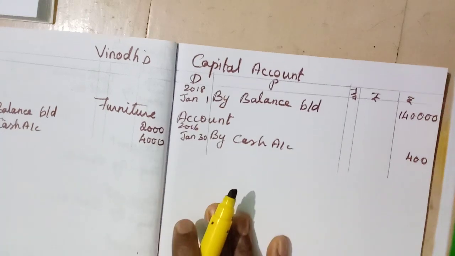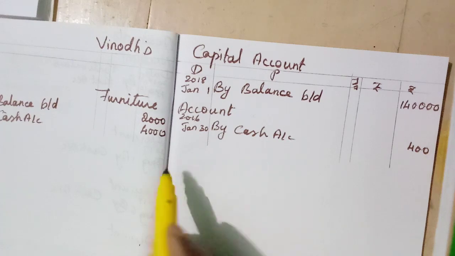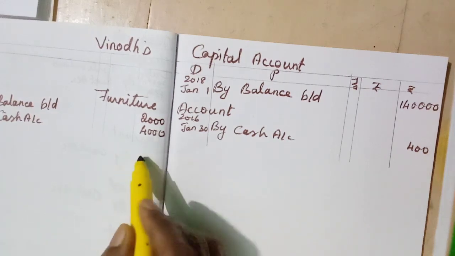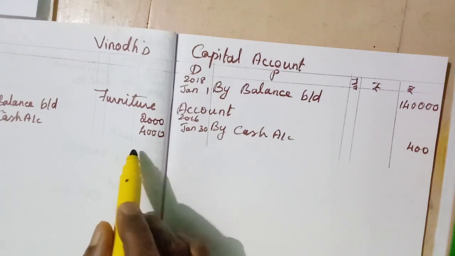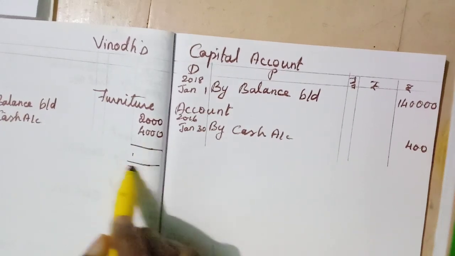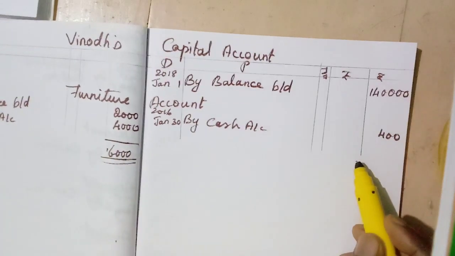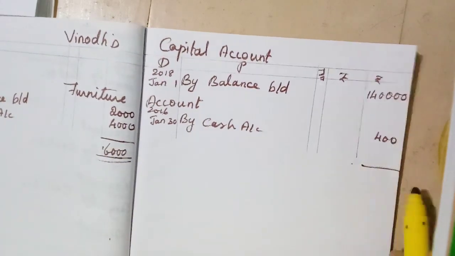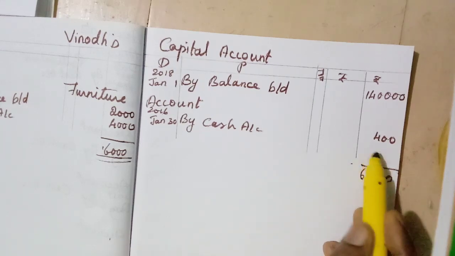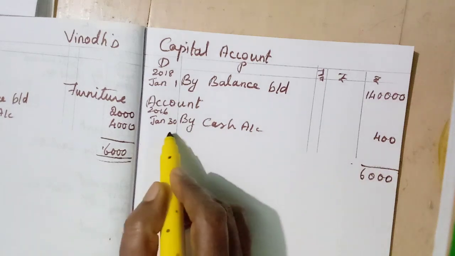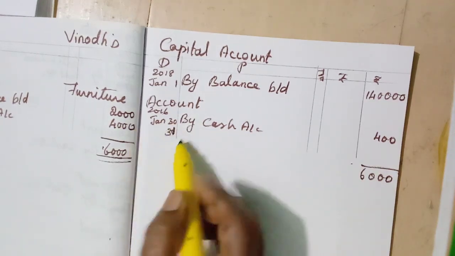Now we need to balance it. Since only one account they have asked, we will total. Okay, balancing how we need to do? The larger total we have to write. Larger total is 6,000. Both the sides we have to write. Okay, 6,000. Now, lesser side we have to write the last date of that month, January 31.